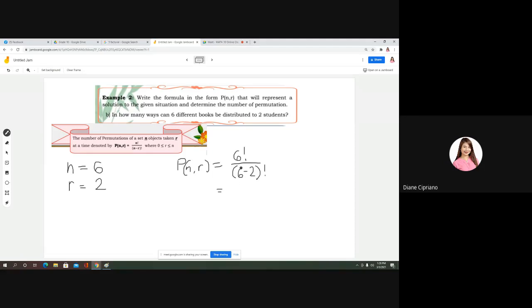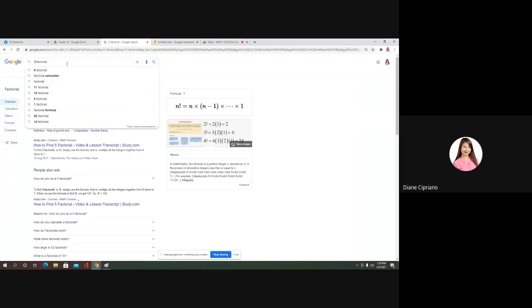Okay. So, what is the value of 6 factorial? 6 times 5 is 30, times 4 is 120, times 3 is 360, times 2 is 720. 720 po, ma'am. Are you sure? Yes. Let's double check.